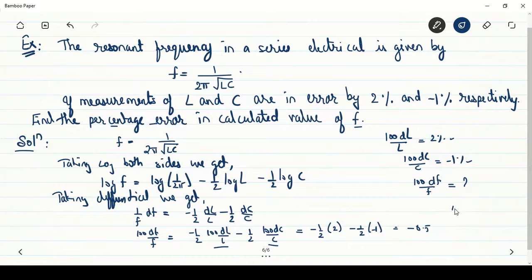So 100 df/f = −0.5. Therefore the percentage error in f is −0.5 percent. This is how we calculate the percentage error of the dependent variable when the percentage errors in the independent variables are given.